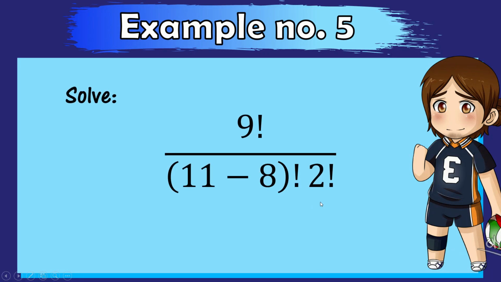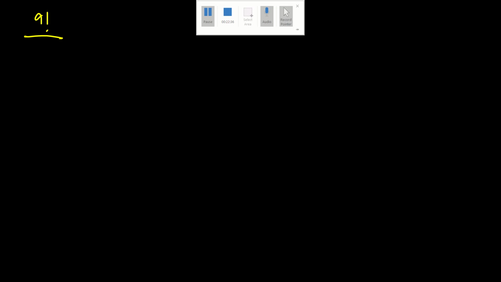So, solve 9 factorial over 11 minus 8 factorial times 2 factorial. Okay, so we have again 9 factorial over, look natin na 11 minus 8 factorial times 2 factorial. So, ang gagawin natin, simplify muna natin kung ano yung mga dapat i-simplify.